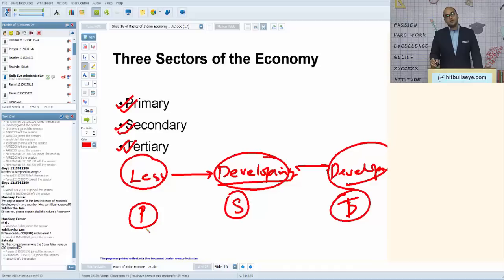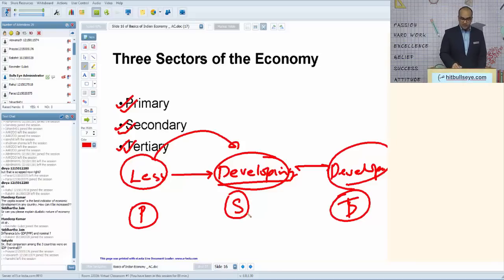Right. So if we try to understand this phenomenon, in the case of less developed economies, they do not have industries, they do not have adequate capital. So all they can do is extract or utilize the resources as they are occurring naturally. But slowly, as capital accumulates, people become richer, companies become richer, the government becomes richer, industries start to develop, and the people who are involved in the primary sector shift towards the manufacturing sector.